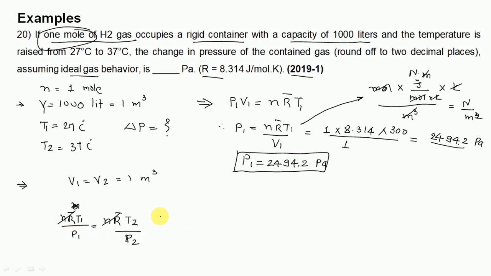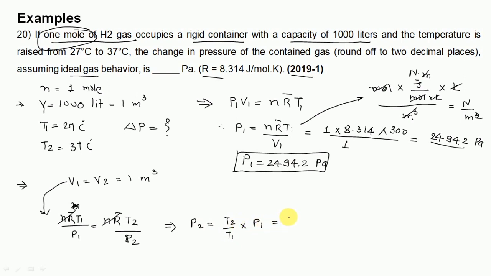Here both values are the same, because the condition given is a rigid container, so the volume is the same. That's why we are using this relation. From this relation you can find P2, and P2 is equals to T2 by T1 into P1.